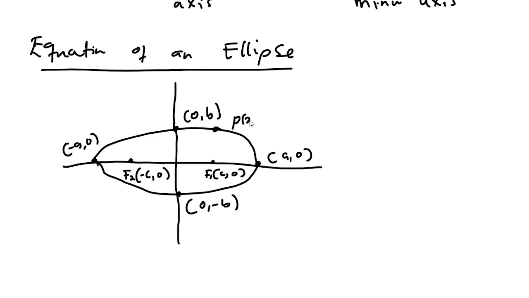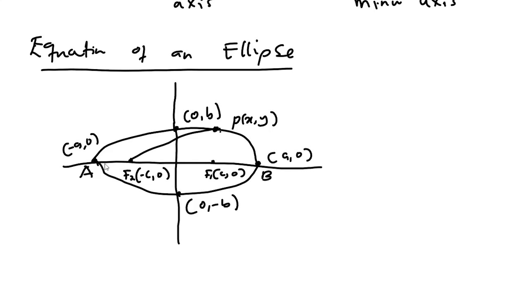All right, now let's take any point on the ellipse. Let's say point P with coordinate (x, y). The distance from this point to this point, and also the distance from P to B here. So let's name this vertex A and this is B. Okay, so let's see.